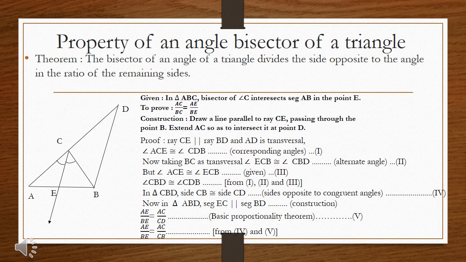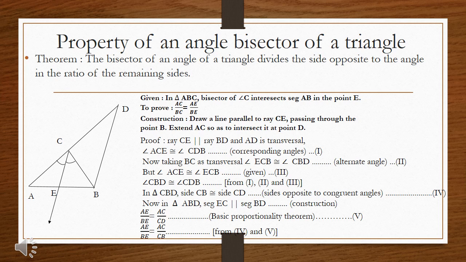That means we have to show that the ratio of remaining sides, AC upon BC, is equal to AE upon BE. So for doing this, let us do some construction. Draw a ray BD parallel to ray CE passing through point B and also extend AC such that it will meet at point D.